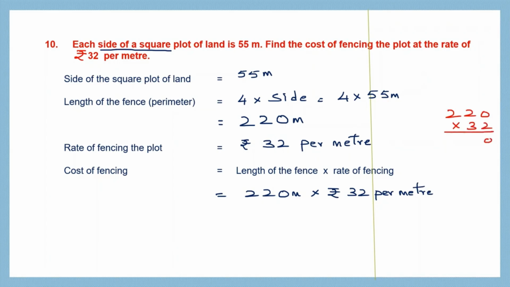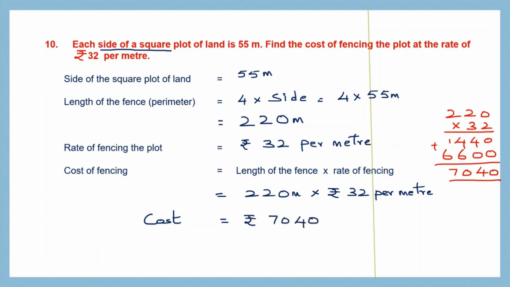So 2 zeros are 0, 2 twos are 4, 2 twos are 4. So again we start with a 0. 3 zeros are 0, 3 twos are 6, 3 twos are 6. Plus, now we have 0, 4, 4 plus 6 is 10, carry 1, 7. So 7,040. So the cost of fencing this square plot of land is 7,040 rupees. So this is the answer to the 10th question.